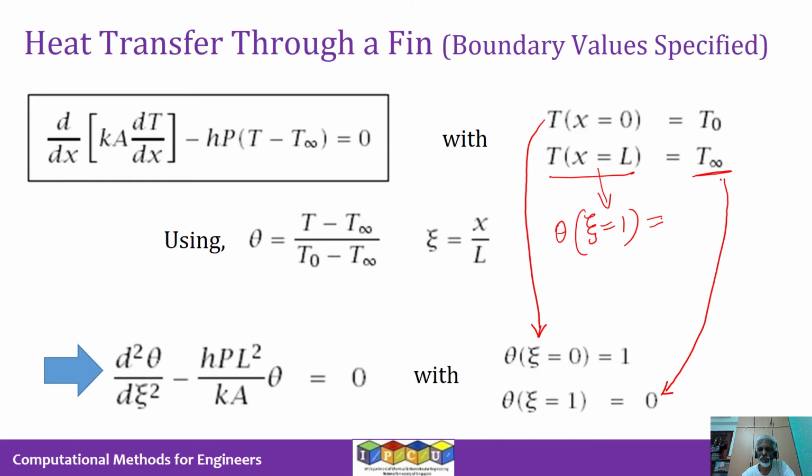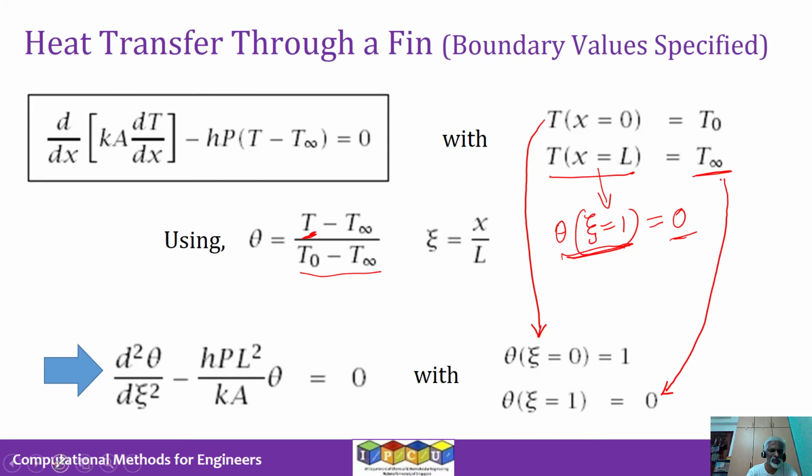If you put T is equal to T infinity, you have (T infinity minus T infinity) by (T naught minus T infinity). So that's going to be 0 by (T naught minus T infinity), which is 0. So theta at psi is equal to 1 is 0. That is the second boundary condition in terms of the new variables.